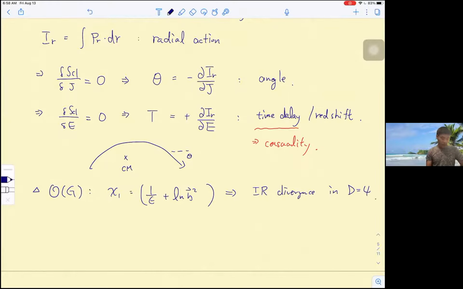Okay, and when you take a derivative of this eikonal phase with respect to the angular momentum, remember angular momentum is P times B, so d chi dj is d chi dB over P, and this actually gives you a finite part.